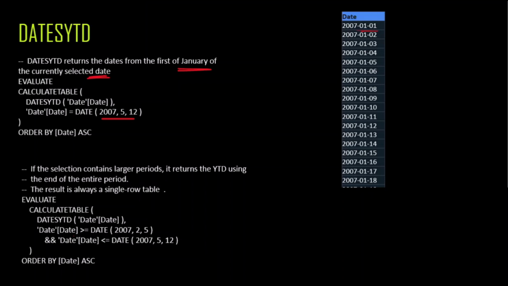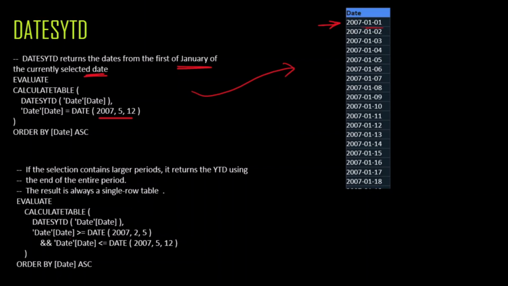So according to DATESYTD, we should get all the dates starting from January 1st. So the output of this function is a single column table with dates starting from January 1st till the maximum date that it finds in the context, which is 12th May.